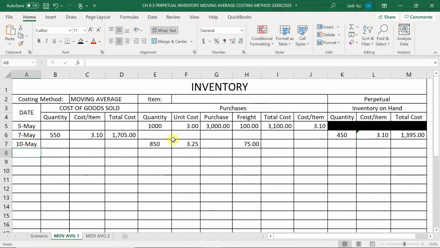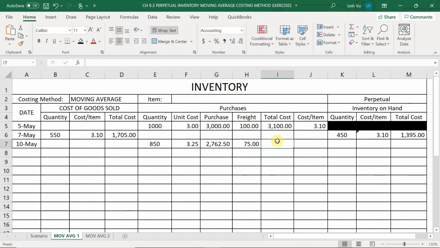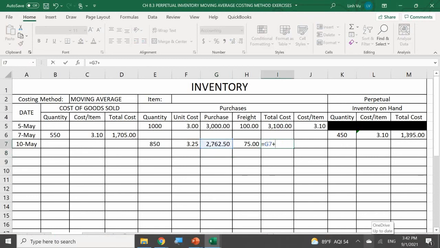In this case, what is my total purchases? 2,762.50 plus 75 is 2,837.50, okay?